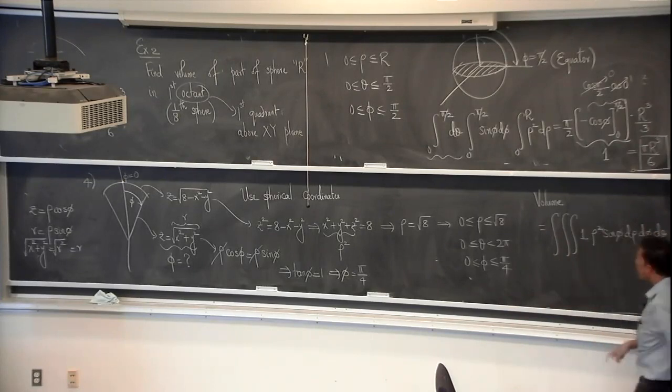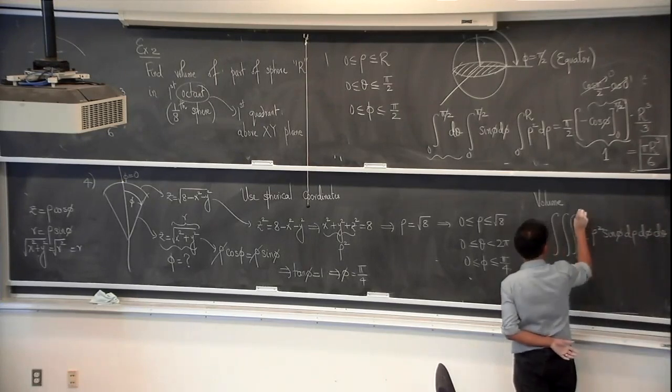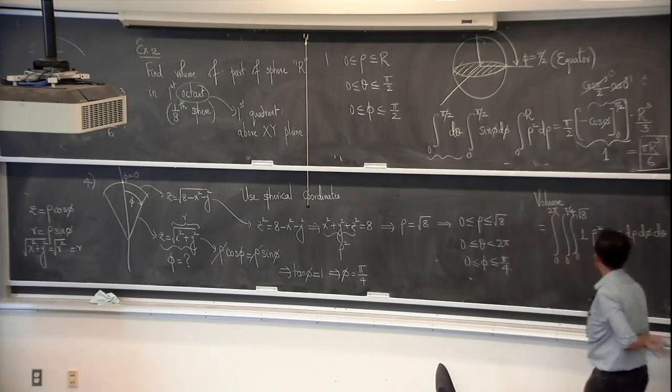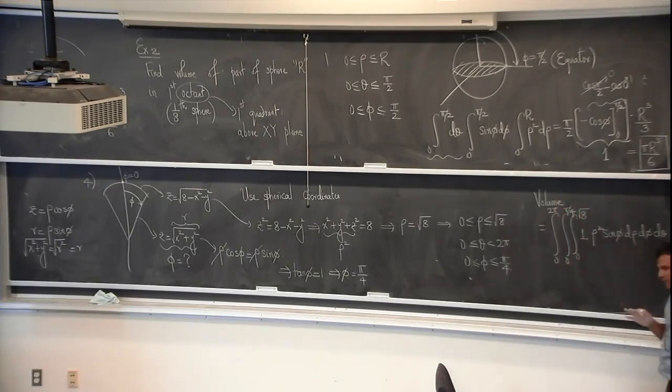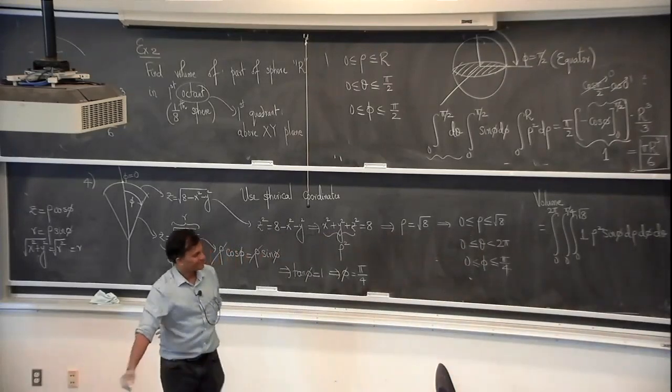All of these are numbers now. It doesn't matter which one you do first or last. So this is 0 to square root of 8, 0 to pi over 4, and 0 to 2 pi. The numbers will be a little bit unpleasant because of the square root of 8, but it's not hard. There is no u substitution or anything. So that is the setup.